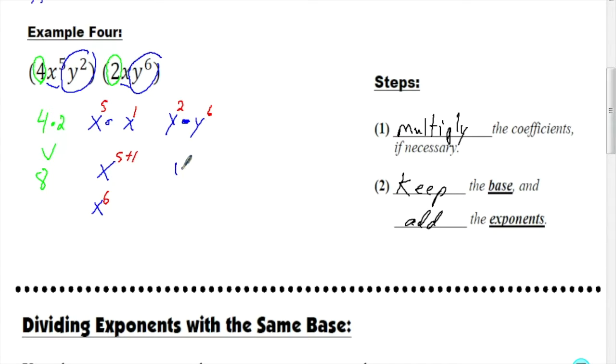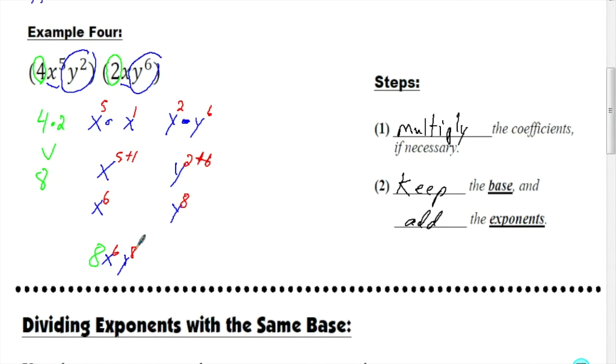This gives us y to the 2 plus 6, where we keep the base and add the exponents, and that will give us y to the 8th. Once we've done all that, there's nothing else we can do. We bring these all back together as 8 times x to the 6th times y to the 8th.